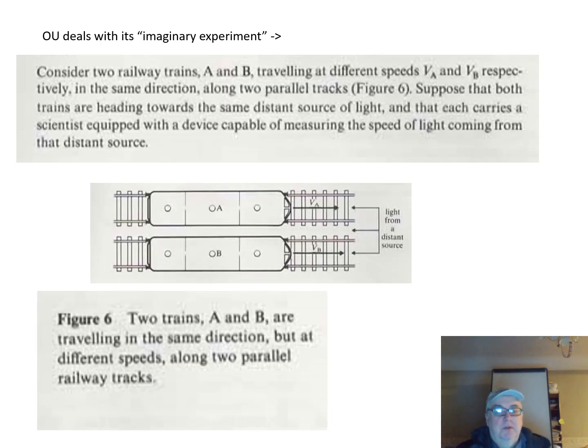And so Open University, dealing with its imaginary experiments, asks us to consider 2 railway trains A and B. I'll let you read that for a moment. Hopefully you can read things fast. So the 2 trains A and B are travelling in the same direction but at different speeds along 2 parallel railway tracks.